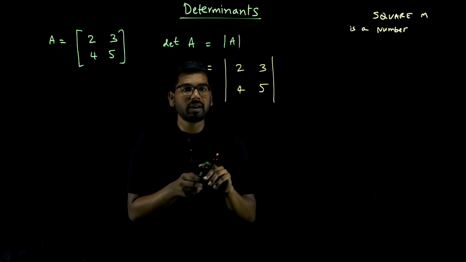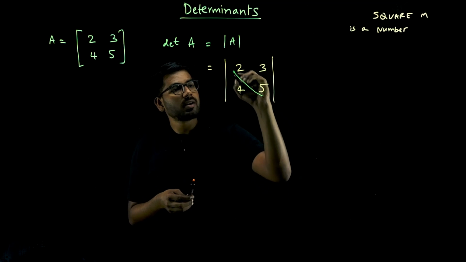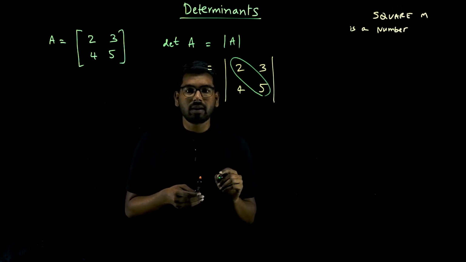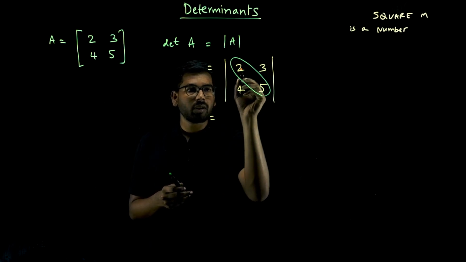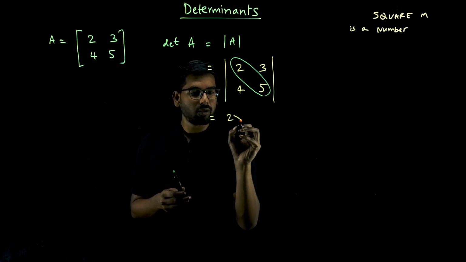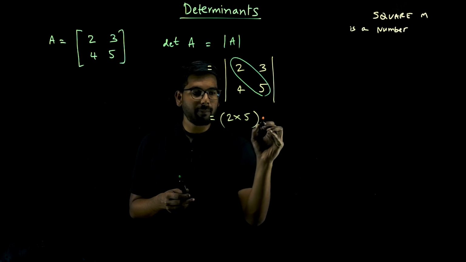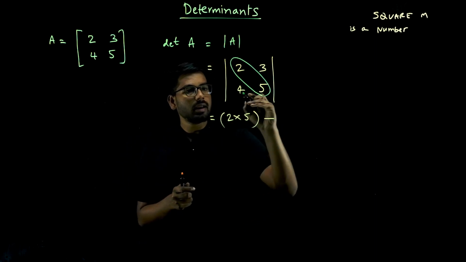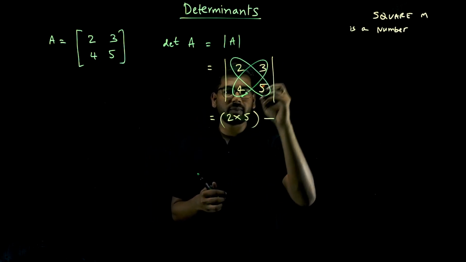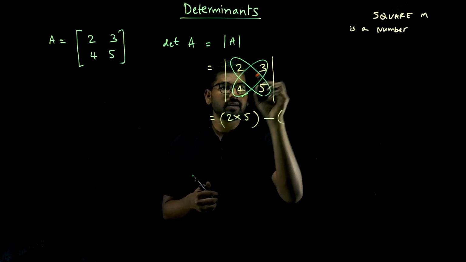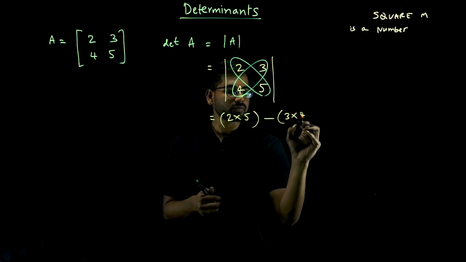Now the 2 and 5 are called diagonal elements. So determinant of A is nothing but the product of the diagonal elements, 2 into 5, minus the product of the other diagonal elements, 3 into 4.